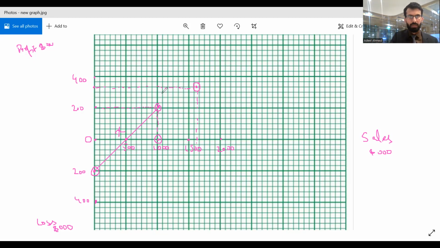So now again, I will extend my diagram further from this point, which represents the cumulative profit with respect to product X, up to this point.